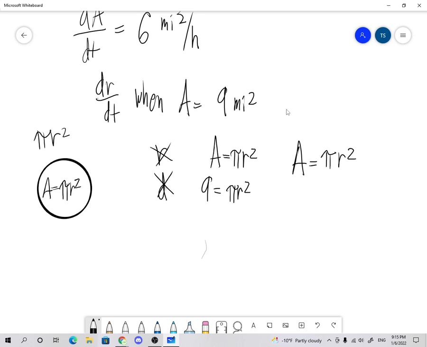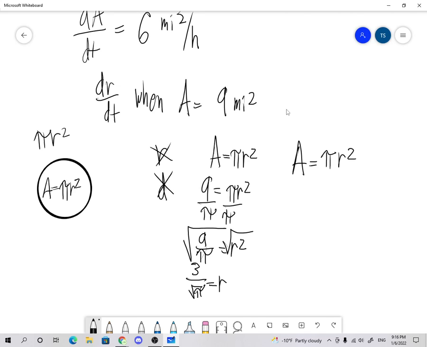I'm going to divide by pi on both sides, and that will get me 9 over pi is equal to r squared, and from there I can just square root both sides, and I will end up with 3 over square root of pi equals r. So now we have a value of r.